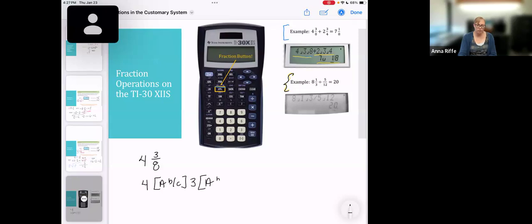Again, hit the A, B over C button, and then type the 8 and hit the A, B over C button. So it's a lot of buttons, but it's workable. And again, that's not on the computer calculator, but it is on most handheld calculators if you want to invest in one.